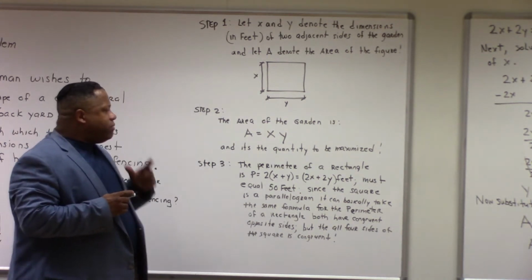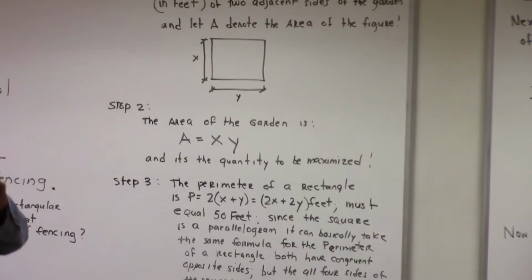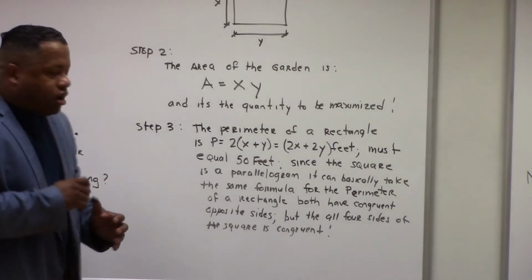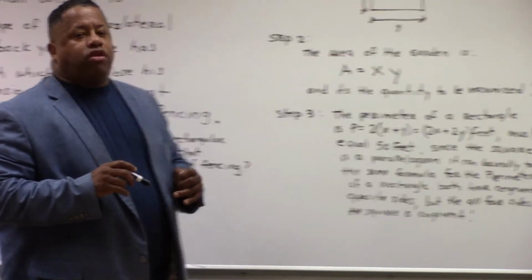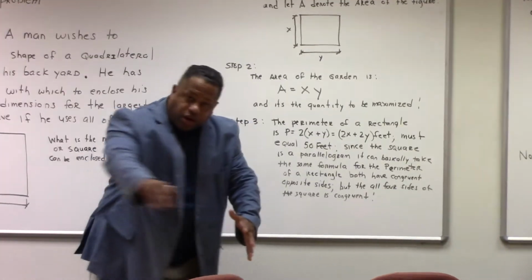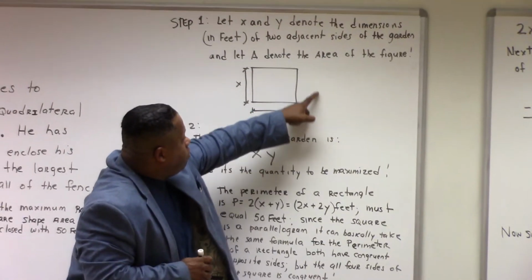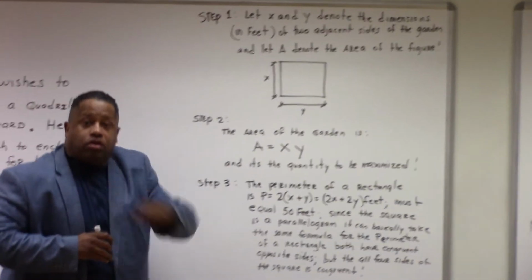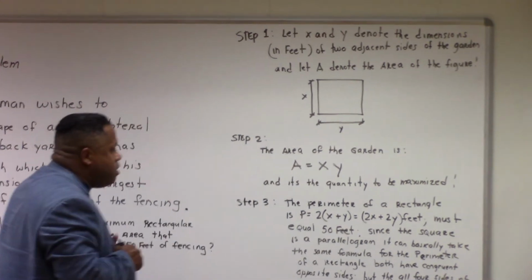Now, step three. Since we're talking about enclosing this garden, we're going around, so we have to deal with the perimeter of this figure, with the fencing going around it.